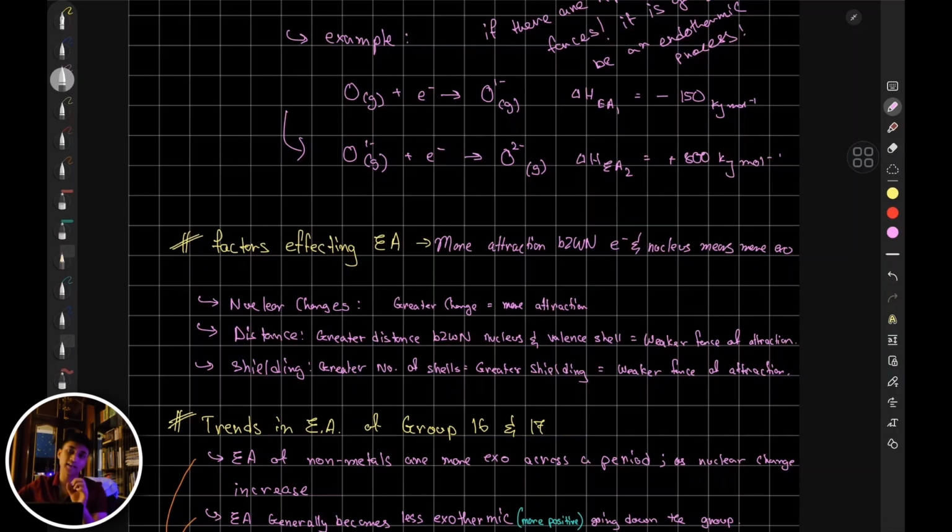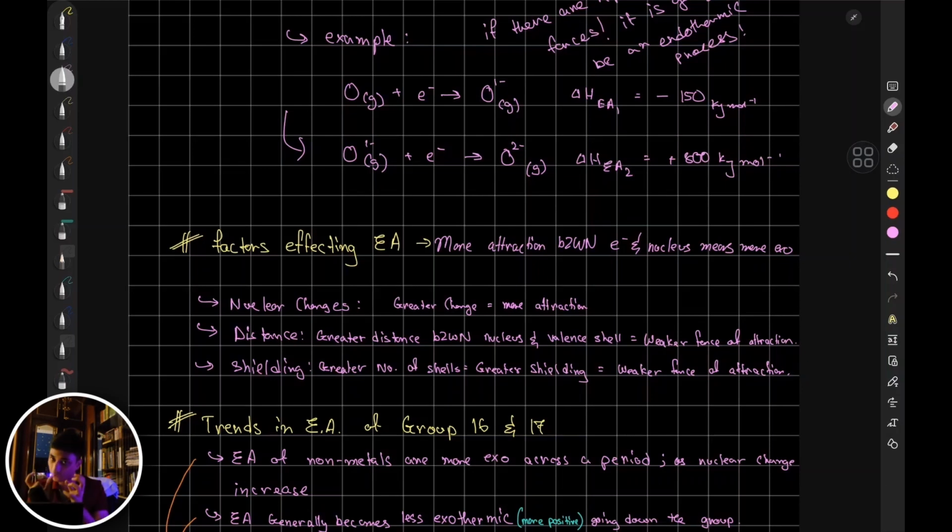It will attract that electron and form a bond. So the greater the nuclear charge, or the greater the number of protons, the better it is, since it can pull the electron.